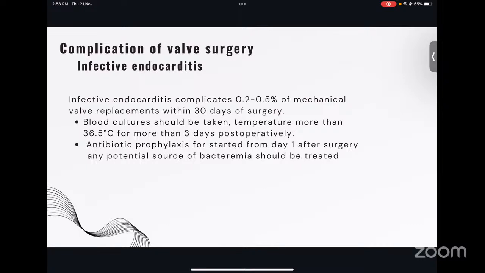Blood cultures should be taken in any valve patient with a temperature of more than 36.5 for more than 3 days post-op. Standard advice regarding antibiotics should be started from day one, not just following discharge of the patient. Any potential source of bacteremia, such as a urinary catheter or central line, should be treated aggressively.